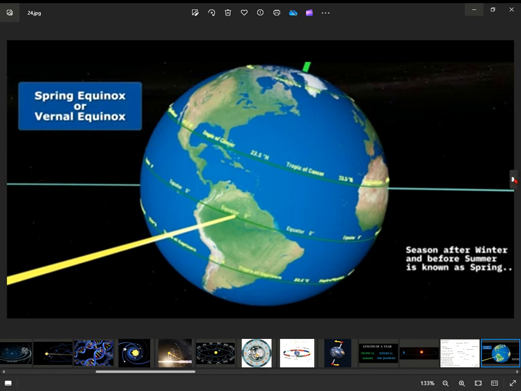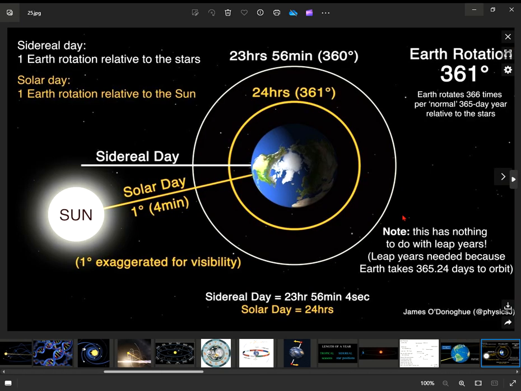Keep in mind that an Earth solar day covers less than 1 degree per day in the 360-degree circle. Specifically, one solar day equals 0.9856 of a degree.